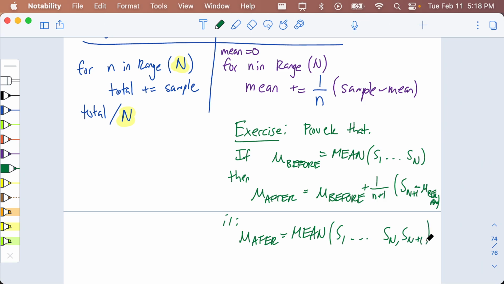So if you want to convert from the mean of the first n things to the mean of the first n plus 1 things, you can take the mean of the first n and do a small correction to it exactly by this rule.